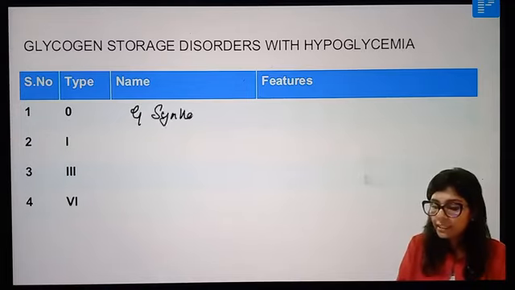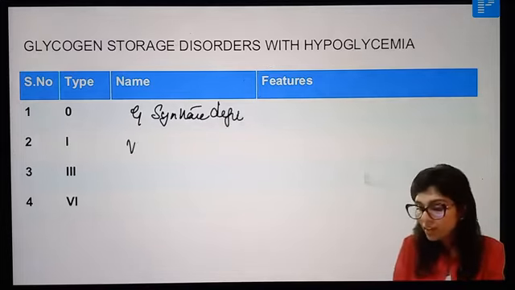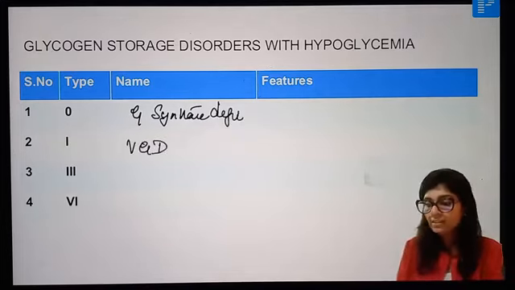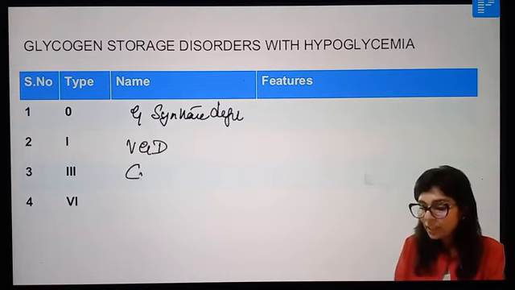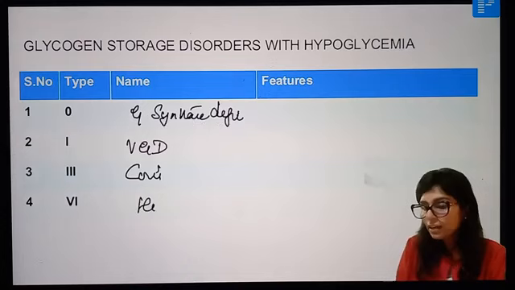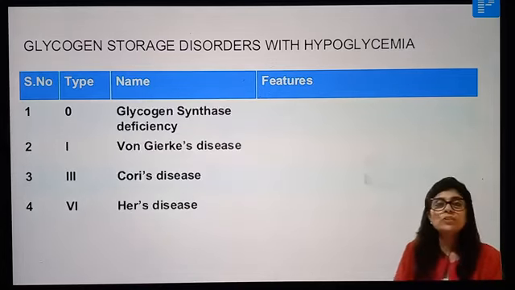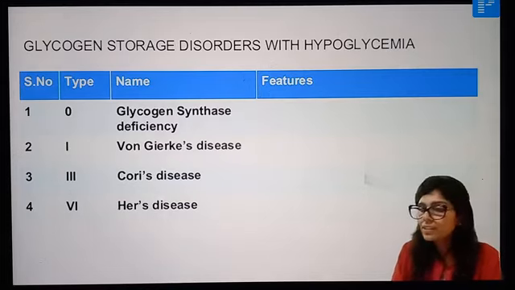Glycogen synthase deficiency. Type 1 is Von Gierke disease. Type 3 is Cori's disease. Type 6 is Hers disease.